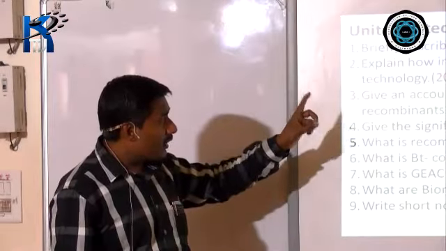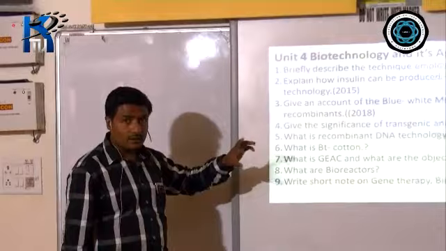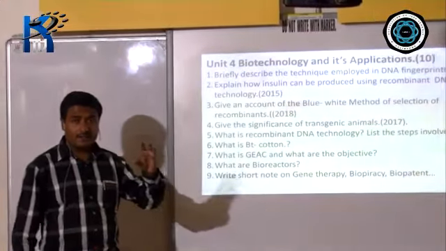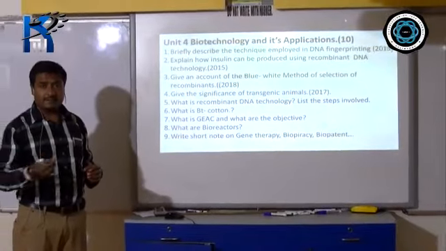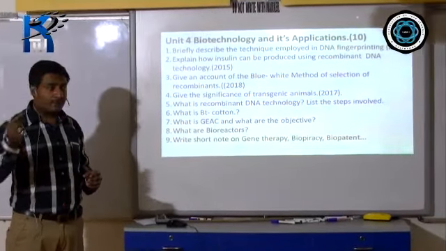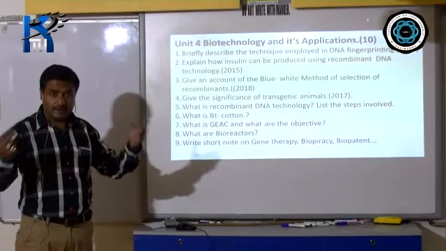Number 2, explain how insulin can be produced using recombinant DNA technology. Okay, from the human cell, the chromosome is taken out, DNA is taken out, then by cleavage those DNA segments are taken out.